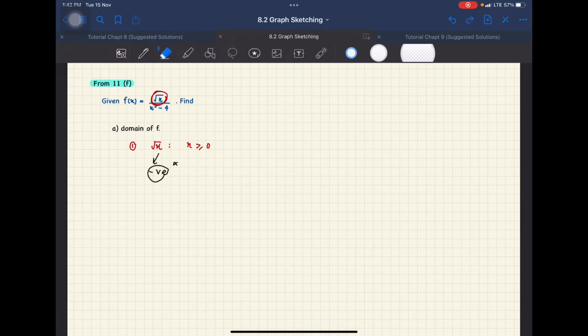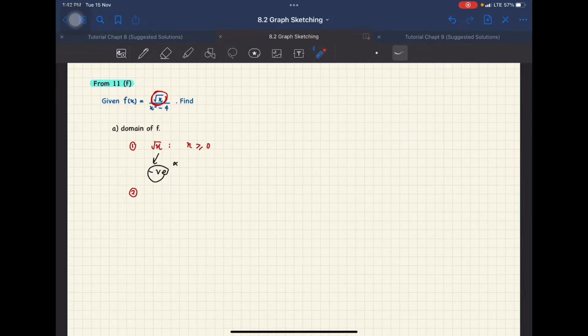Okay, and then let's move on to the next one. Saya biar je kat situ. The next one saya nak fokus kepada bahagian saya punya rational lah, maksudnya reciprocal. Reciprocal is the whole thing lah, maksudnya kita ada square root of X divided by X square minus 4.